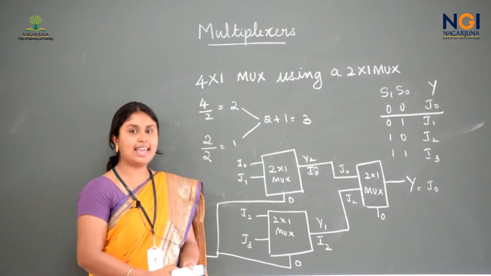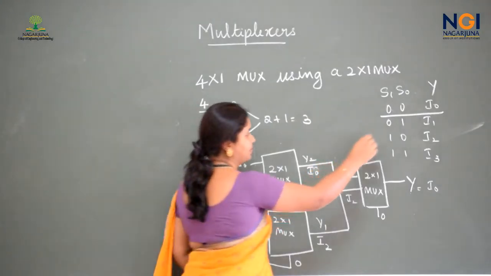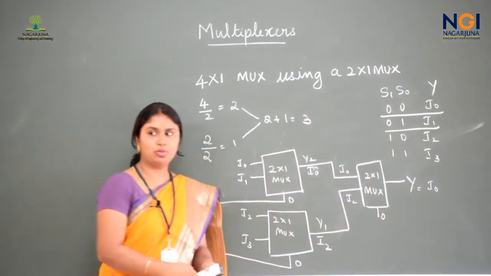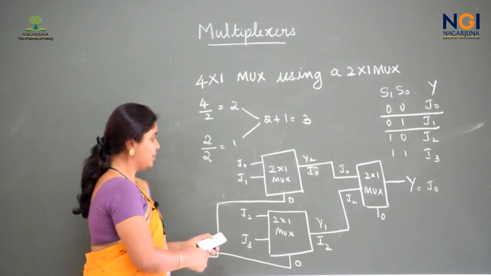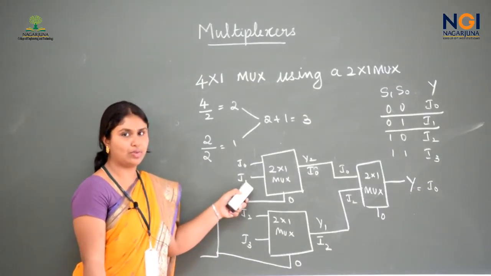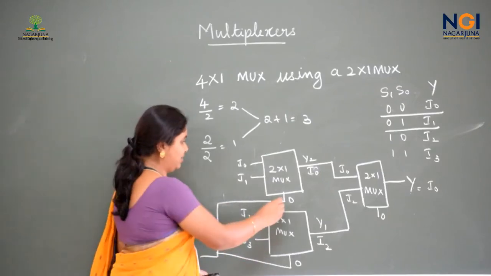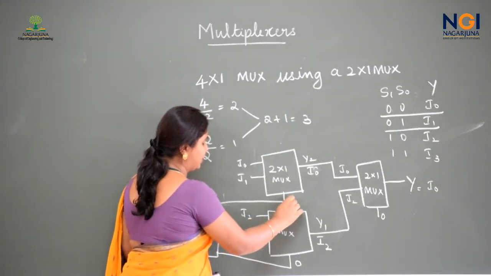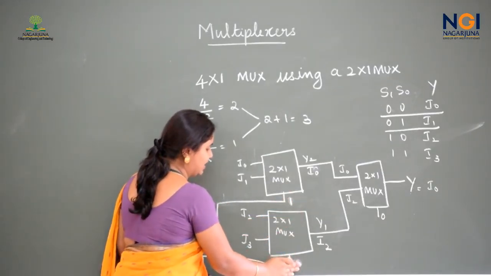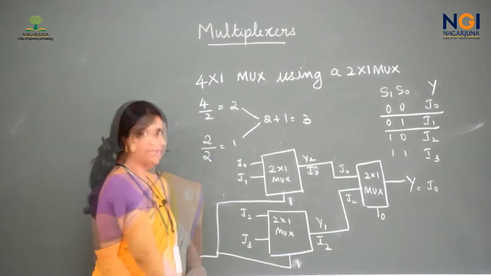Now, let us see the second condition of the truth table, where my output should be I1. If I have to select I1 from this 2x1 multiplexer, then this select pin should be 1, and similarly this select pin should also be 1.